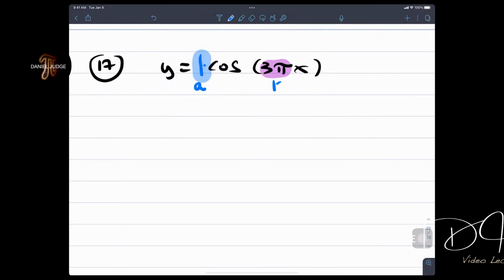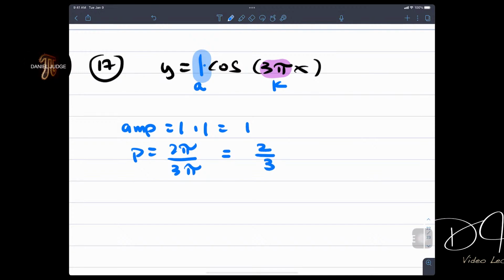So here's my k. So my amplitude is the absolute value of 1, which is 1. And then the period is 2 pi over k. K is 3 pi, ladies and gentlemen.